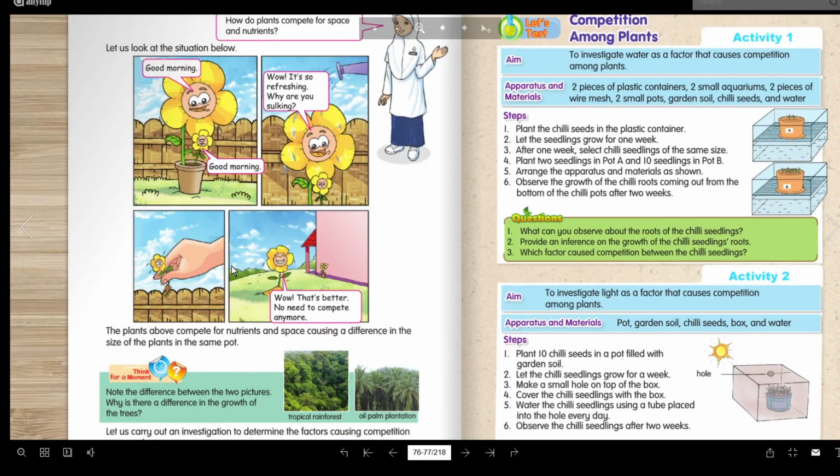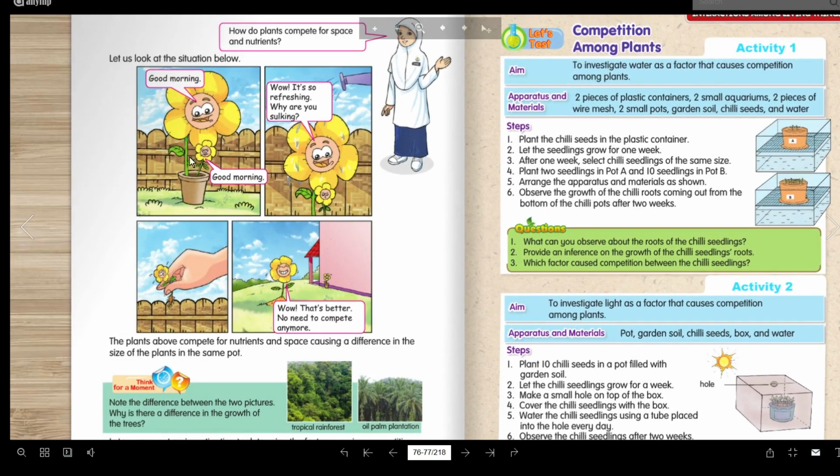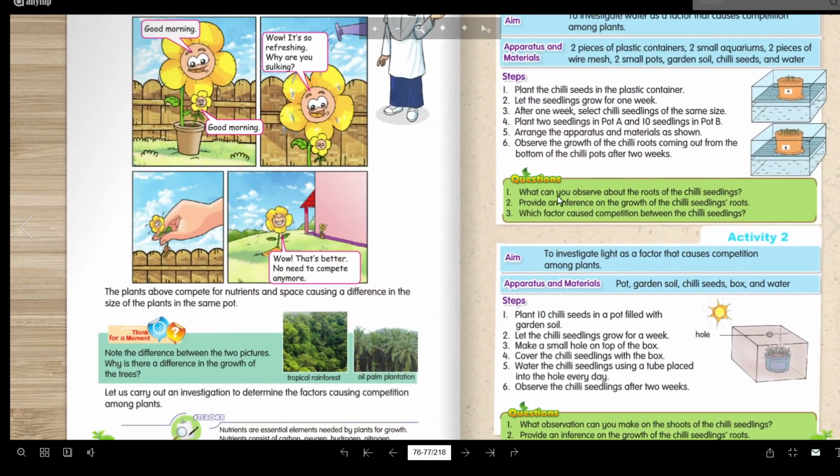So the plants above compete for nutrients and space, and they are causing a difference in size at the same spot, right? The one which is getting more water, the one which gets better sunlight would grow, its growth rate is going to be better, right?